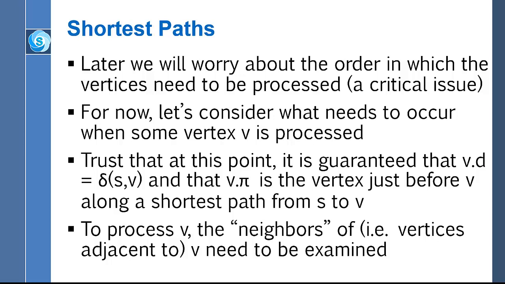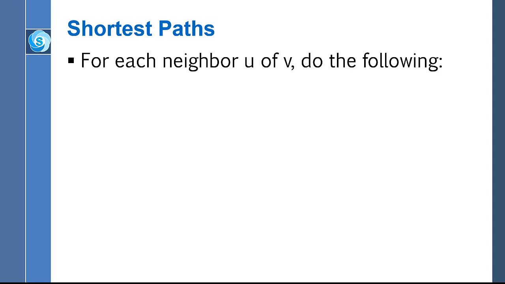Now, while processing V, it's necessary to consider all of the neighbors of V, all of the vertices that are adjacent to V. For each of these neighbors, let's call a neighbor U. U is a neighbor of V. So what do we have to do? We're visiting V, and we have just noticed U. What has to be done?